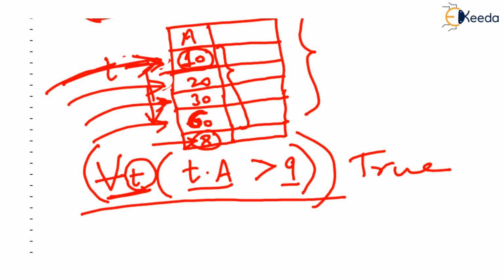So that's what for all means. And this variable t, which is a tuple variable, is again a bounded variable. Remember, from now onwards, whenever there is a variable associated with a quantifier, that variable is a bounded variable, and the condition can be announced to be true or false only after checking the entire relation.